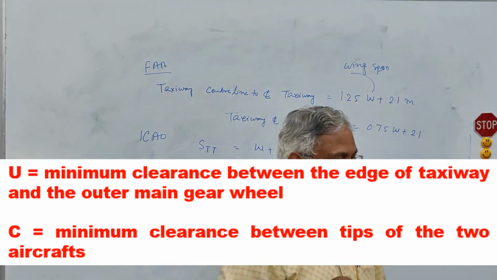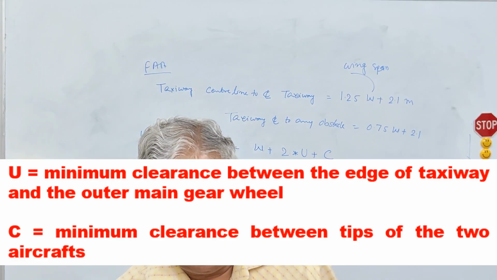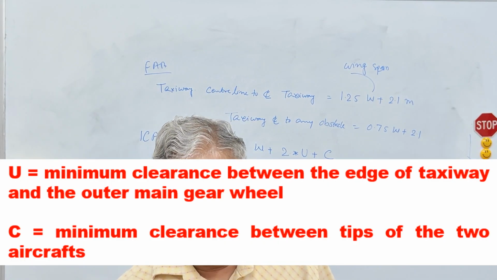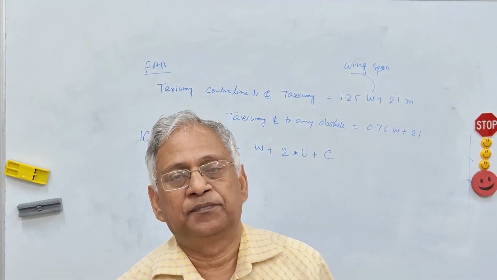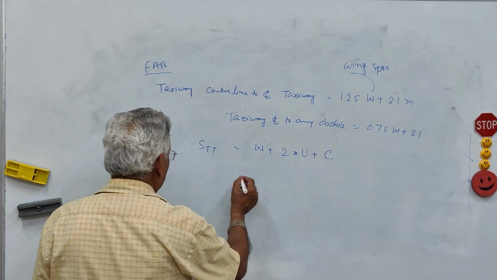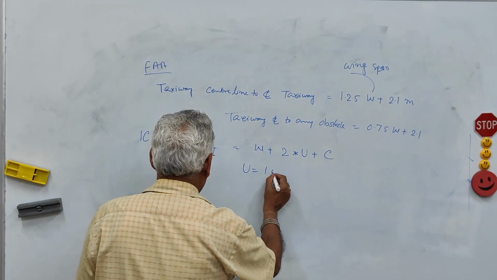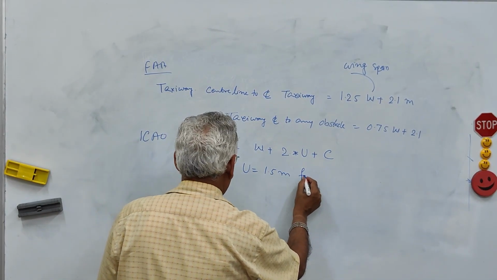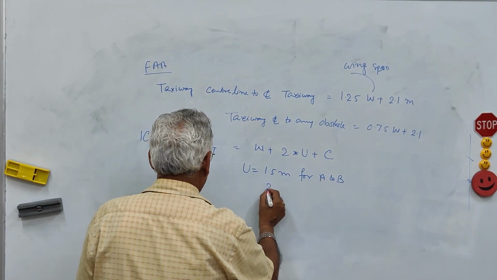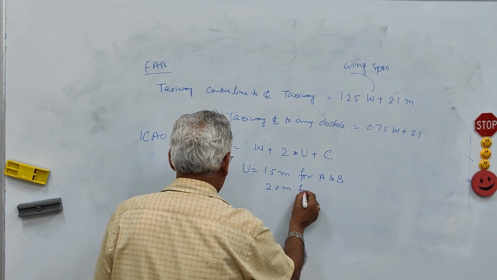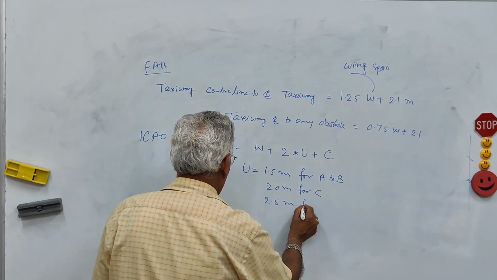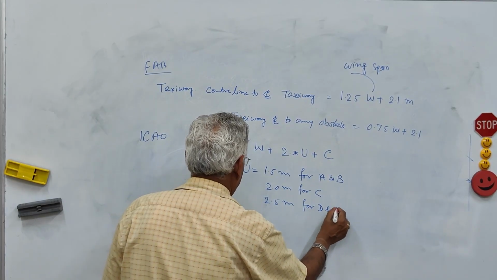And this U is minimum clearance between the edge of the taxiway and the outer main gear wheels. This is taxiway safety margin. And this U is taken as 1.5 meter for A and B type of airport, 2 meter for C, and 2.5 meter for D and E.